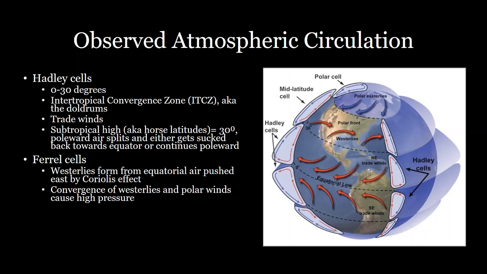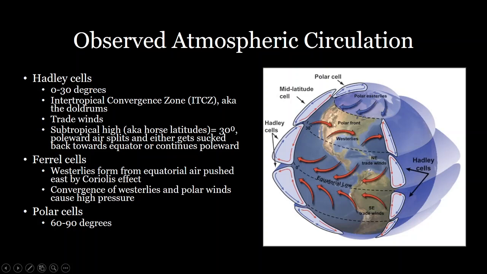And so you have convergence occurring as the westerly winds cause the Ferrel cell to push air towards the poles near the surface. And you also have the polar cell above it that has a high pressure system that's forcing air more towards the equator.